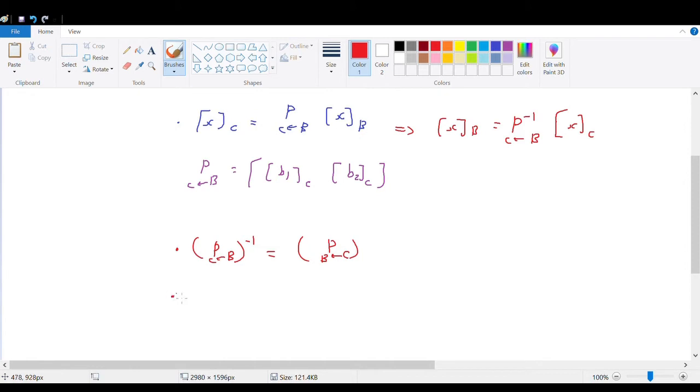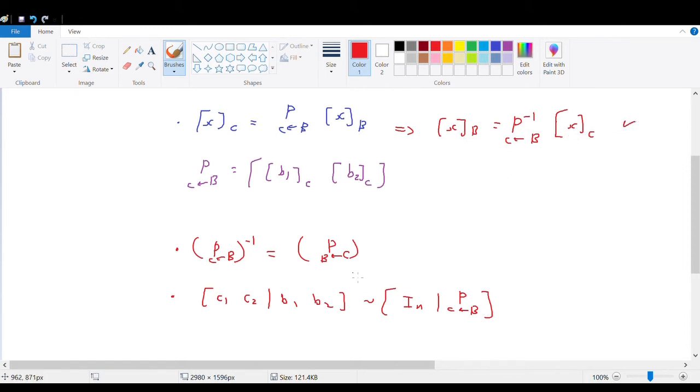Also, if you don't have, for example, the coordinate vector of x or the coordinate vector of B, so you don't have a matrix, you can do it like this. From C1, C2, then do row operations for B1, B2, then you will find the identity matrix, which is I2, and here your change of coordinate matrix from B to C. If you are given one of these coordinate vectors, you may use the previous one.